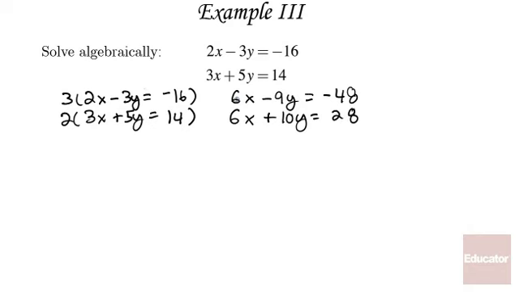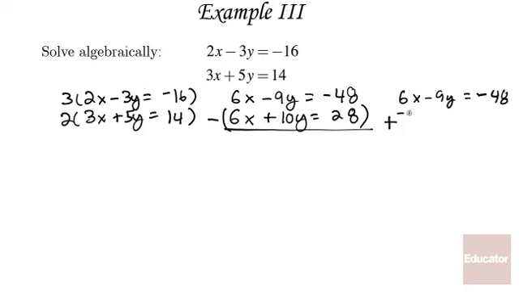I have the same coefficient here, so what I need to do is actually subtract. So I'm going to subtract. And again, I'm going to convert this so that I'm adding the opposite. So rewriting the top equation the same and the bottom as adding the opposite.